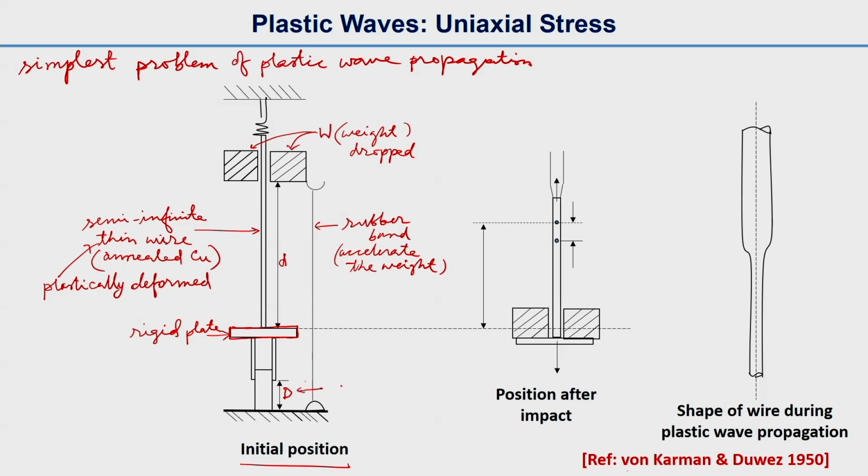The weight W is sufficient not to be decelerated significantly while the plastic deformation is happening. If the weight is low, there may be some deceleration, but that is why the weight is intelligently chosen, so that it will not have much deceleration.